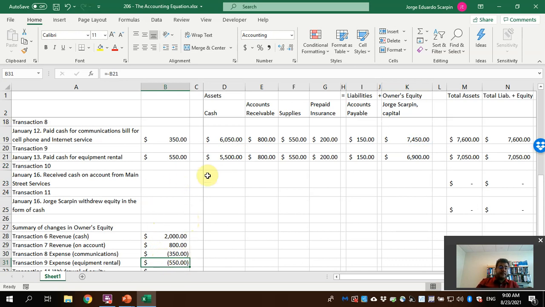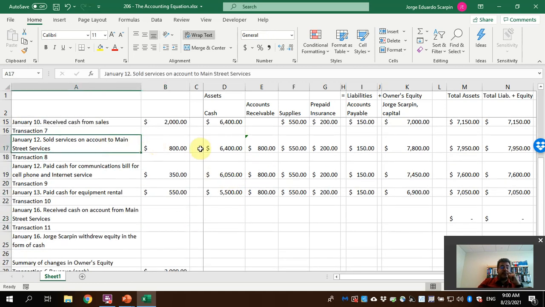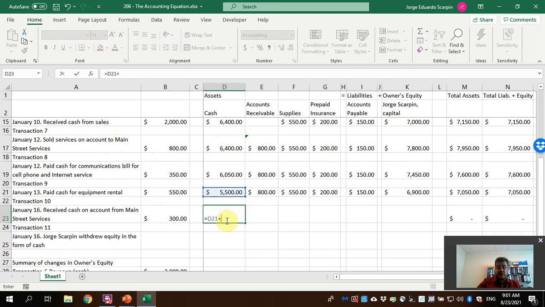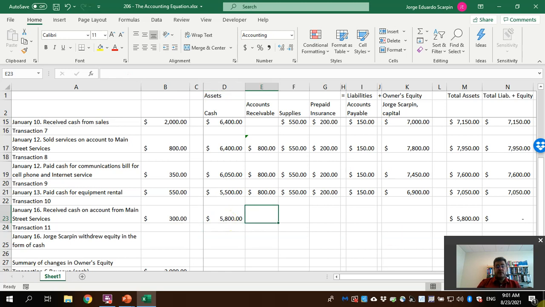And now, received cash on account from Main Street. Remember, this service here, 800. We are receiving part of it, so we are receiving $300. So, if we are receiving cash, our cash goes up, 300. We don't have 800 on account anymore because we already received 300, so less 300. We changed 2 columns, so maybe we do not need to change owner's equity because our changes here were the same number.